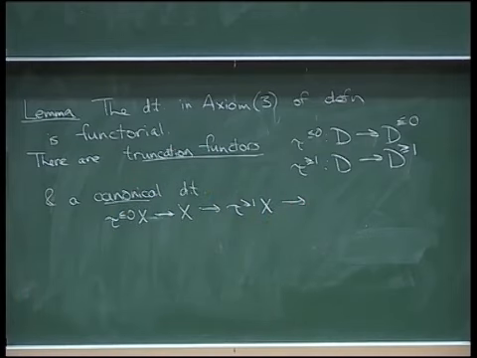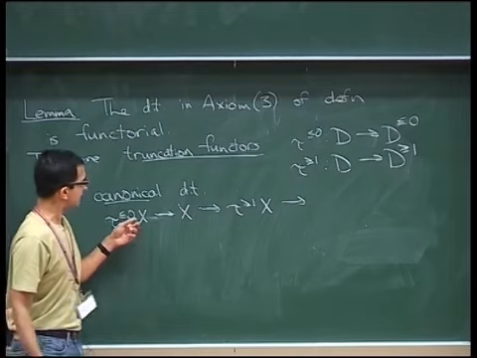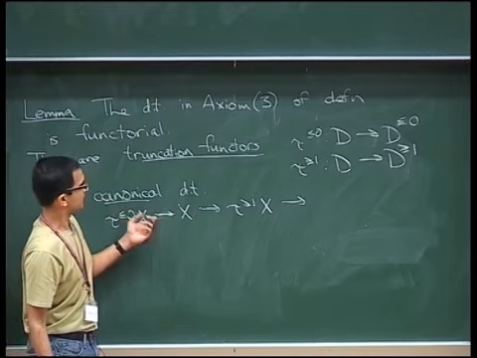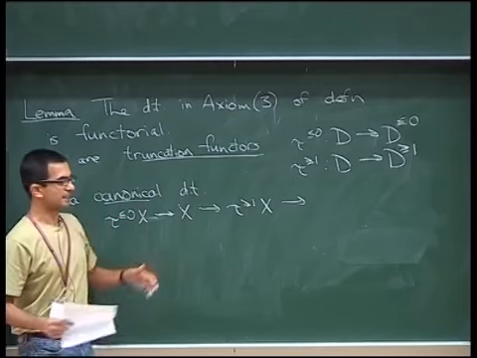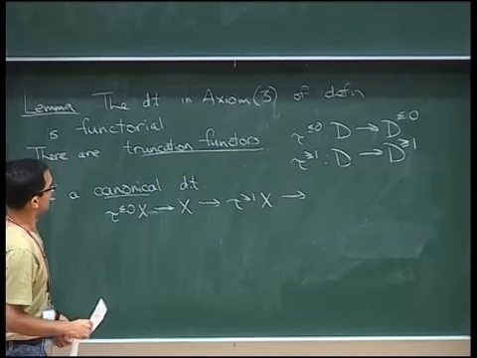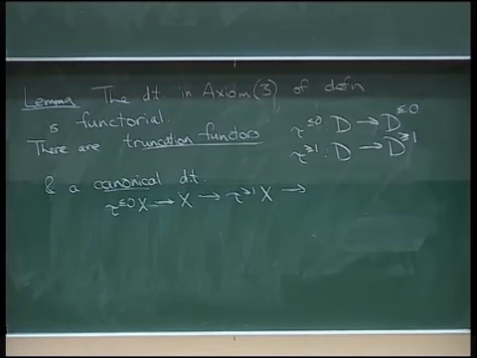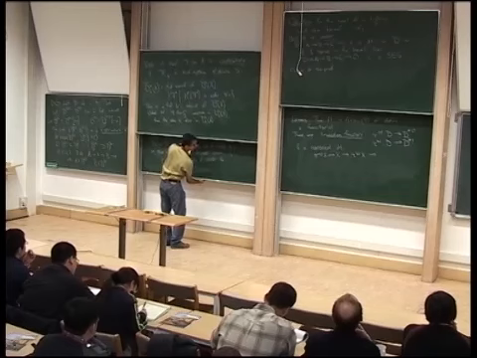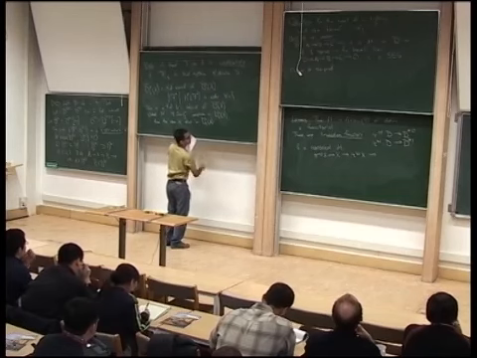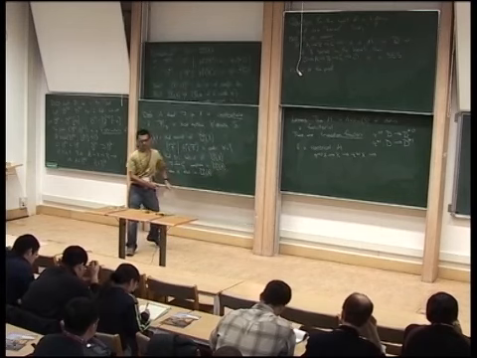And so what the axiom says is there exists a distinguished triangle. This lemma says that not only are the objects in the triangle unique, but in fact the whole triangle is determined up to canonical isomorphism. So here's sort of a start of the proof of this.